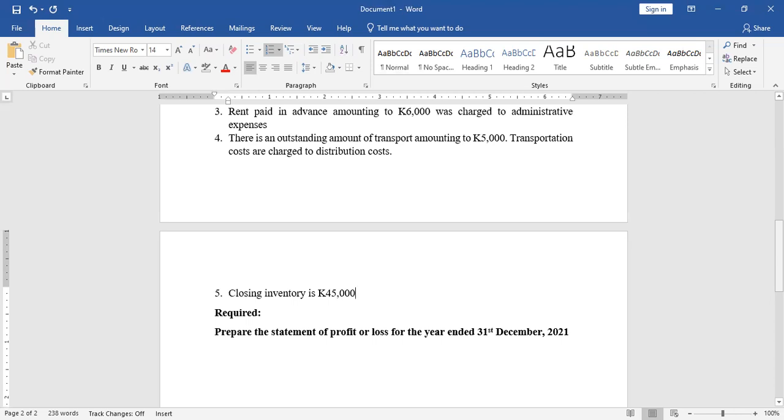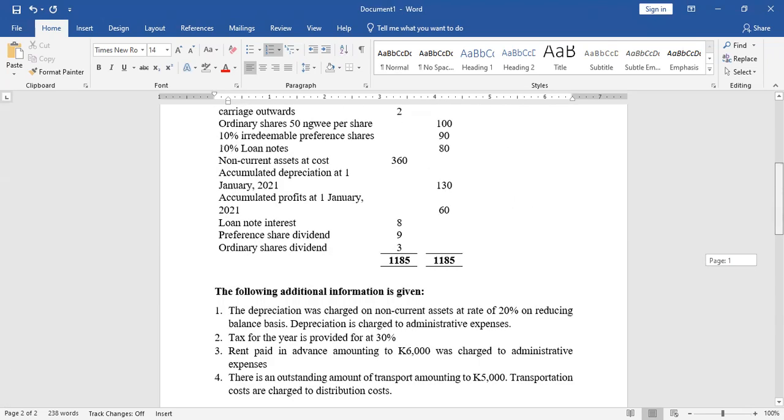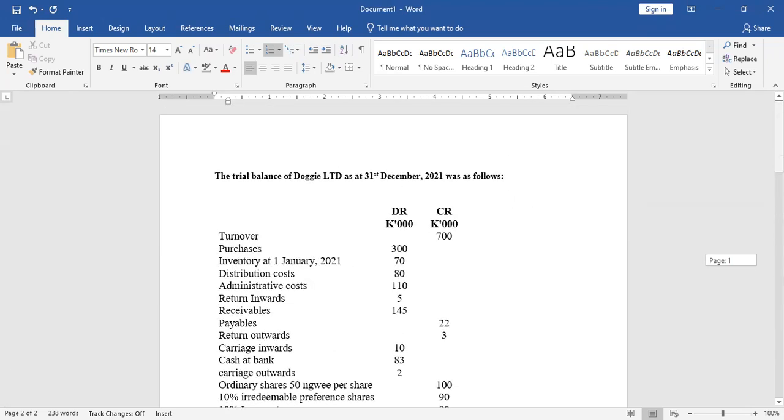This example I've obtained from one of the questions from the University of Zambia.